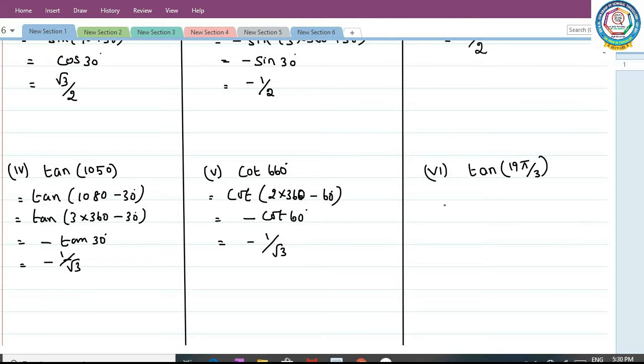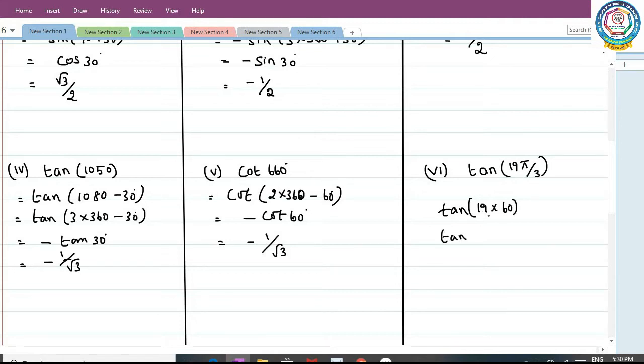Next sum, tan of 19 pi by 3. We know that pi by 3 is equal to 60. So here I am going to take tan of 19 into 60. If I multiply 19 into 60, I will get 1140.